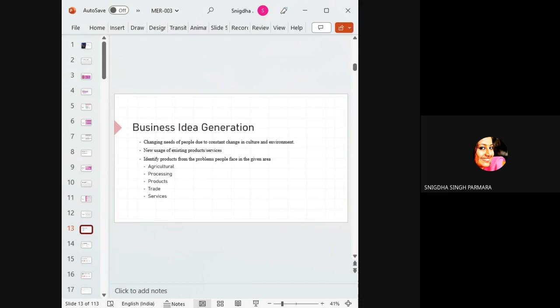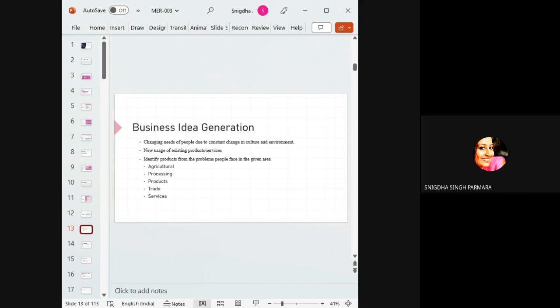To identify products from the problems that people face in certain areas. These areas could be agricultural, in the processing department, wherein there is activities like drying, powdering, packaging.